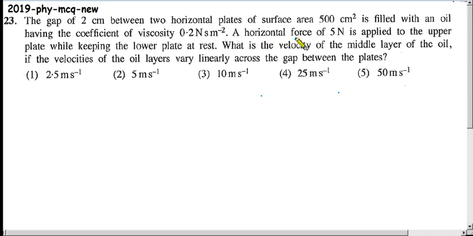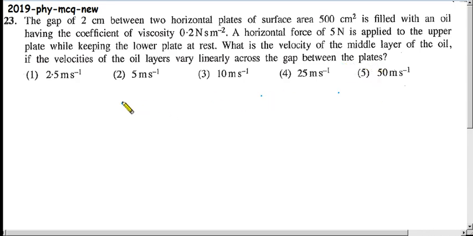A horizontal force of 5 Newton is applied to the upper plate while keeping the lower plate at rest. What is the velocity of the middle layer of the oil if the velocities of the oil layers vary linearly across the gap between the plates?